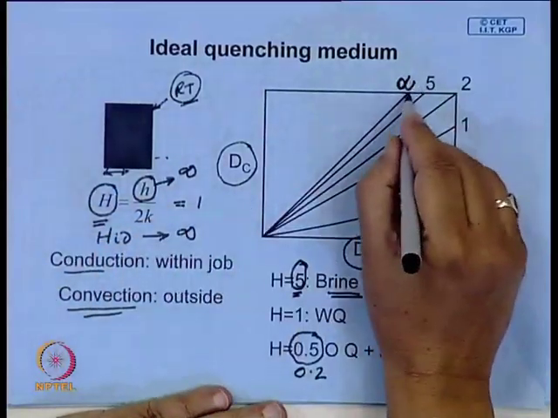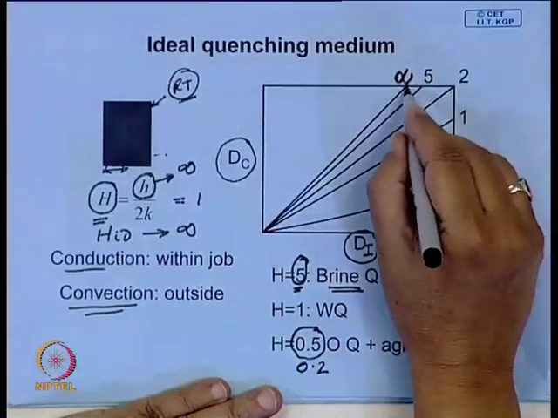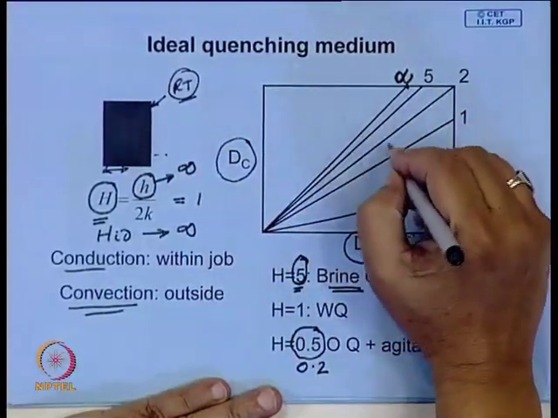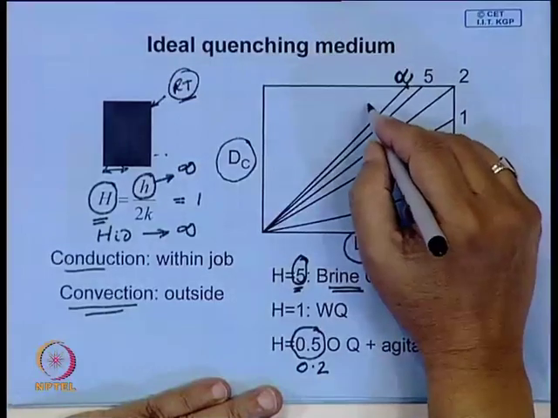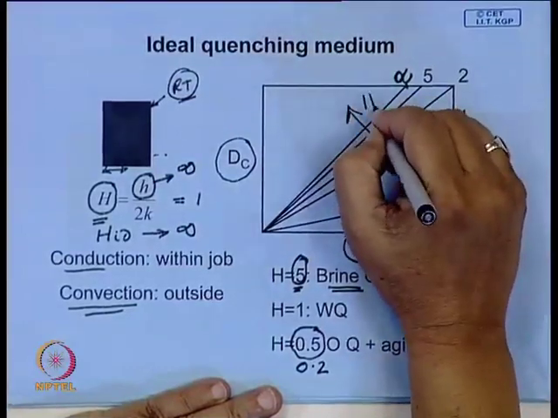quenching severity. So, this is this, whereas, so here this is the 45-degree line. As the quenching severity decreases, so H is increasing in this direction.